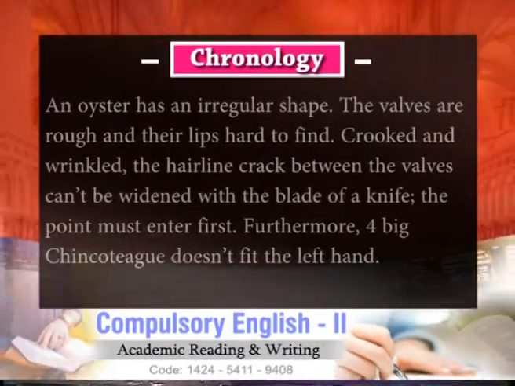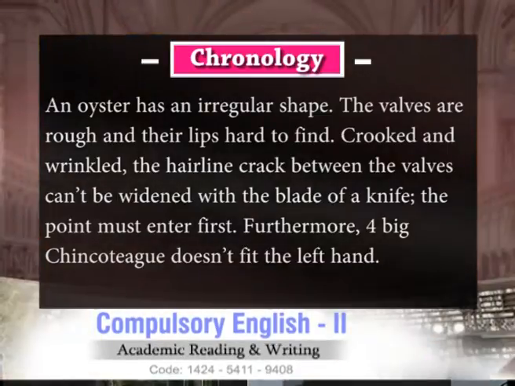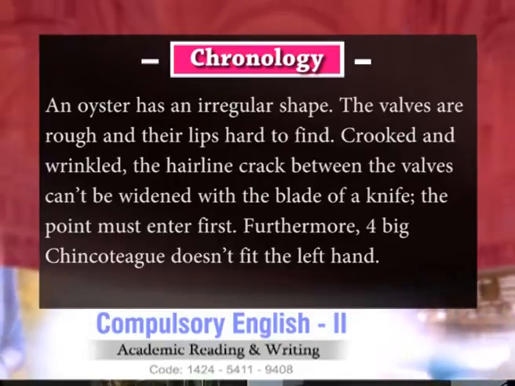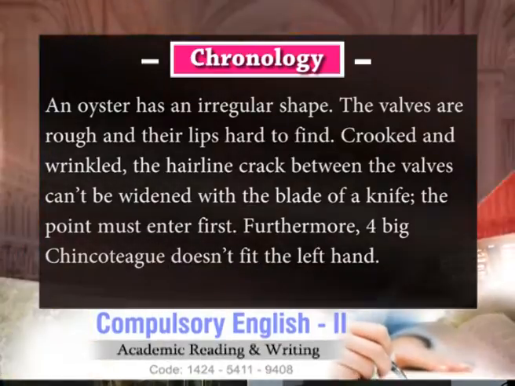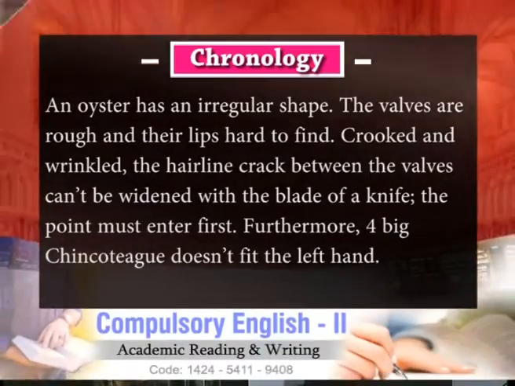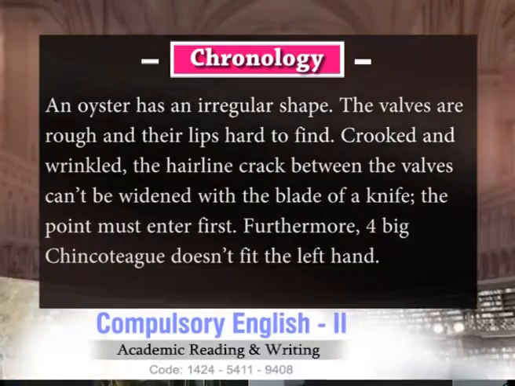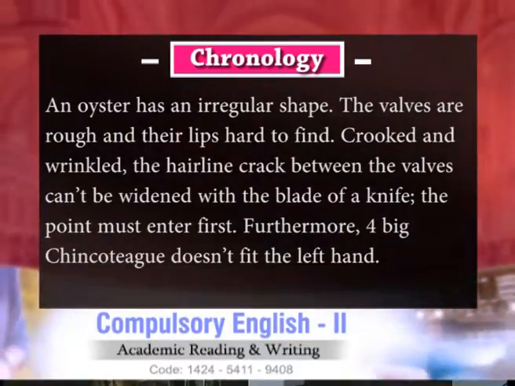Look at this paragraph on your screen. An oyster has an irregular shape. The valves are rough and the lips hard to find. Crooked and wrinkled, the hairline crack between the valves cannot be widened with the blade of a knife. The point must enter first.